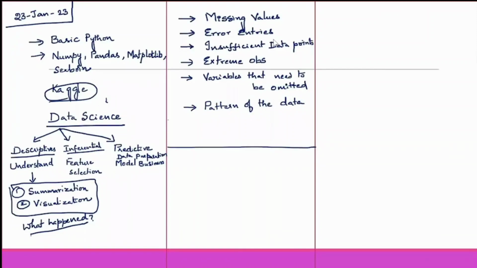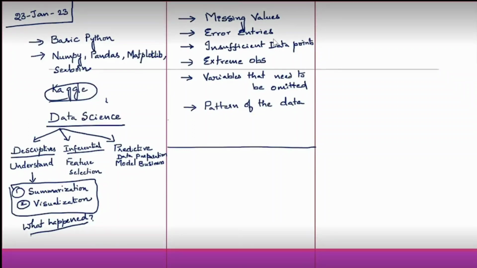Possibly I can use some kind of statistical tests to infer whether a variable will have an influence on my target, or whether this particular variable can be totally ignored. Sometimes people skip this step also, but what we generally understand is that this will be a very essential step.